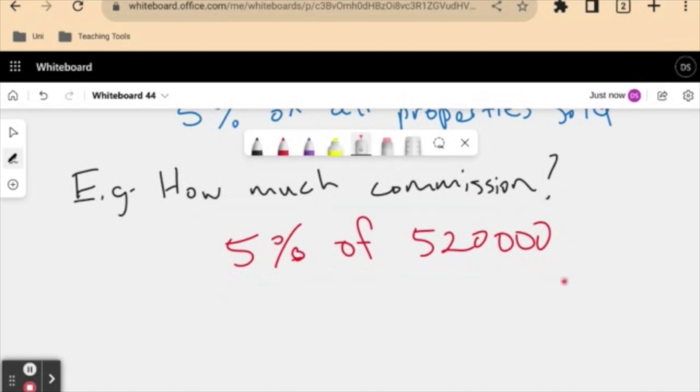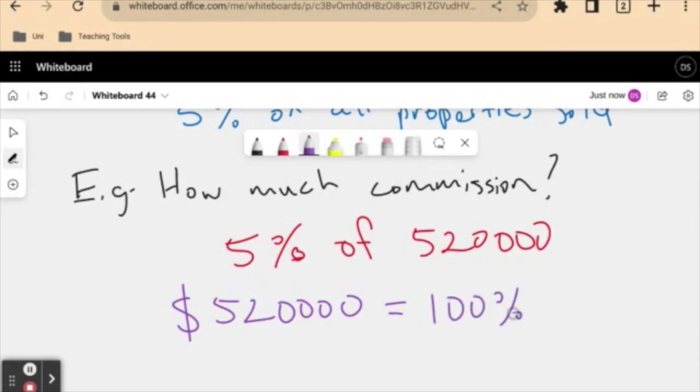Now, I'll solve this using the unitary method in this example, and you can solve it any other way you'd like. I don't want to pigeonhole you into one way of doing it, but I find that actually, 5 is a nice round number. We don't even really need to go all the way to the unitary method. Let's see why. Our $520,000 makes up a whole, makes up 100%.